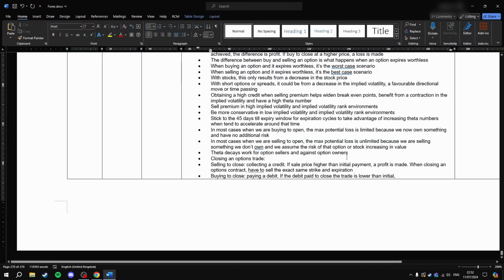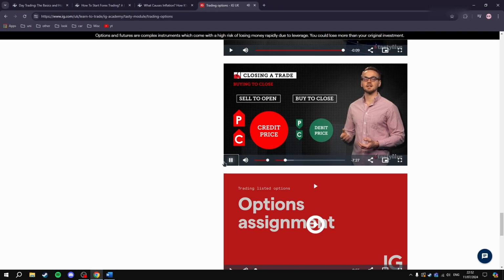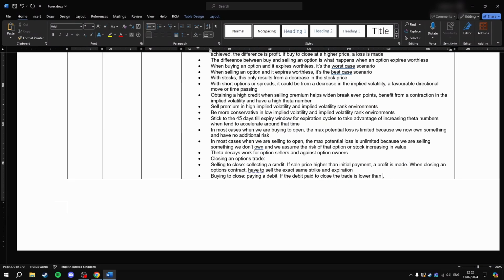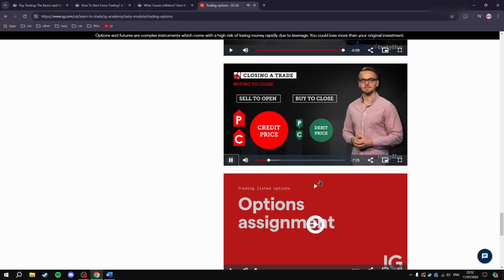If the debit we pay to close the trade is less than what we collected initially, is lower than the initial credit collected, we would realize a profit.